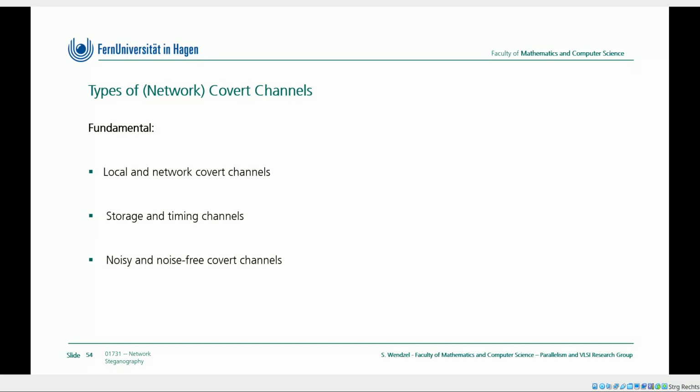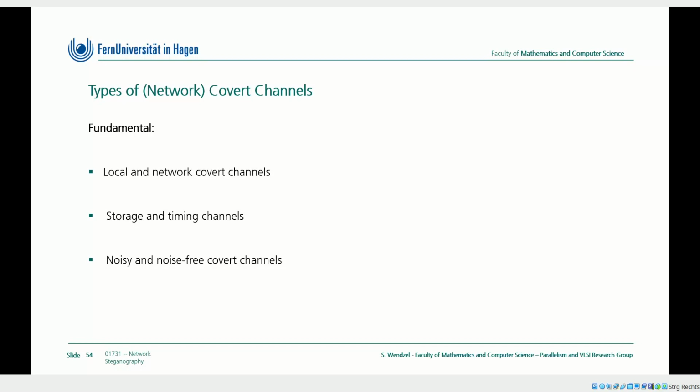So noisy channels are typical channels, because most channels are subject to some kind of noise, in the sense that the value that is written is maybe disturbed.